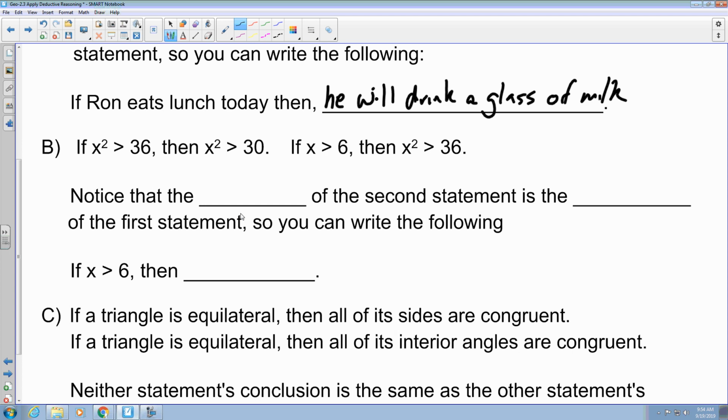Notice that the conclusion of the second statement is the hypothesis of the first statement. So we can now write the following: if x is greater than 6, then x squared is greater than 30.